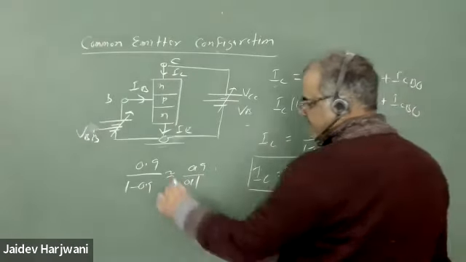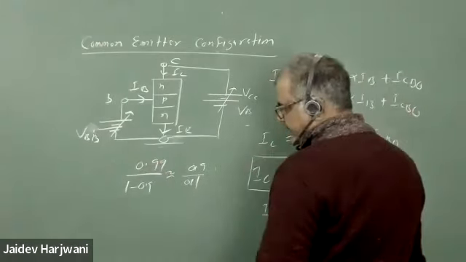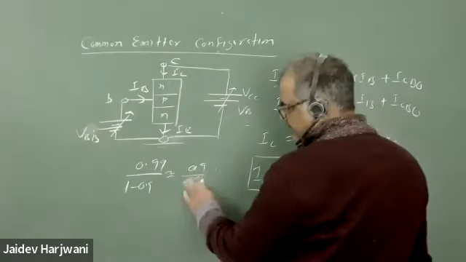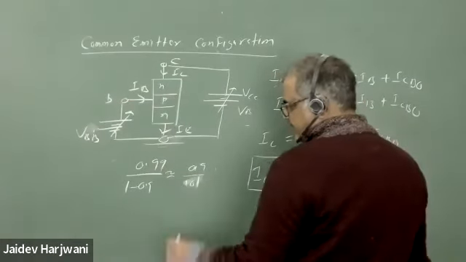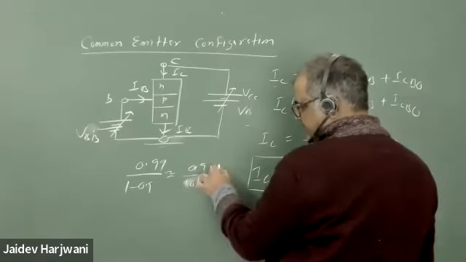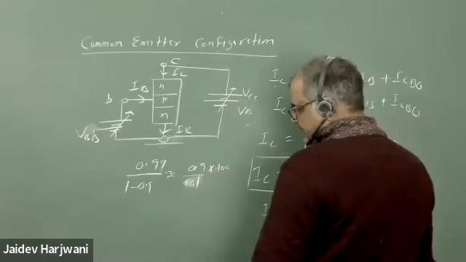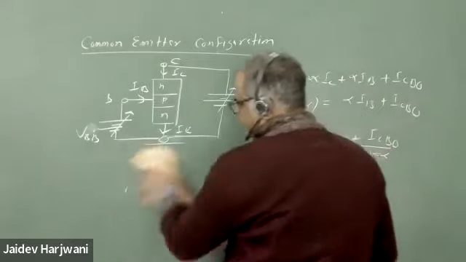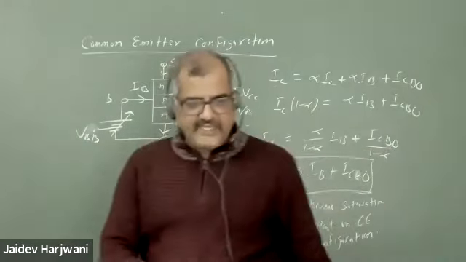And if alpha is 0.99, then 1 minus alpha becomes 0.01, so beta becomes 100. So generally what I'm trying to say is the beta gain value is very high.